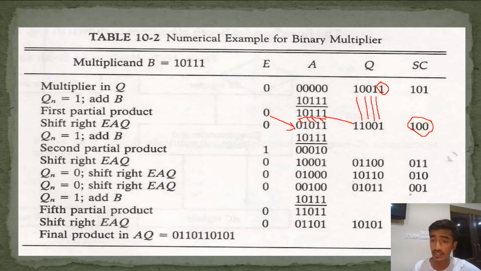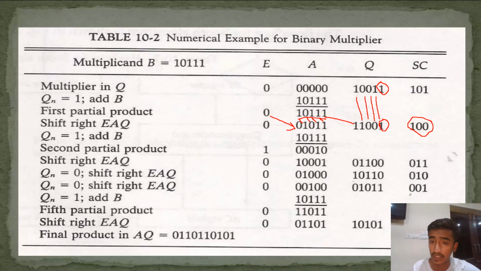Now we will do the second process. We will see once again the Qn bit, it is 1. So Qn equals 1, then we also add B. Once again we will add B. We first learned about binary addition in the previous slides. So 1 and 1 is 0, carry over 1, and so on, carry over 1.